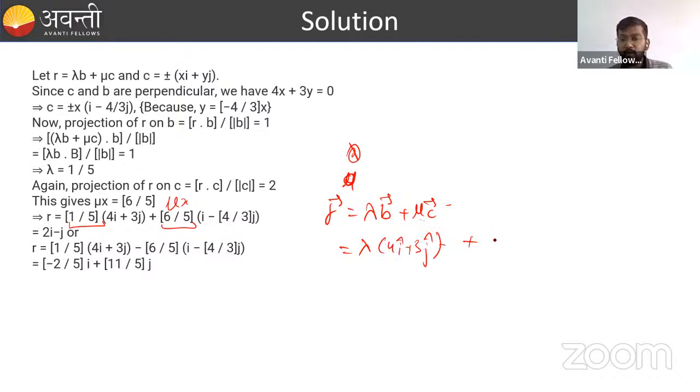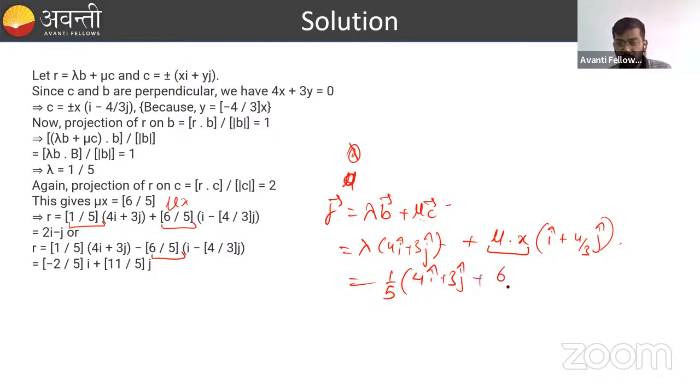Plus here, mu we found out, and c was given to us x times of i cap minus 4 by 3 i cap plus 4 by 3 j cap, right? So we know the value of mu x. See, it is 6 by 5. So we will substitute this 6 by 5. Here we will substitute 1 by 5. This will come out to be this. Here it will be 6 by 5 i cap plus 4 by 3 j cap. Okay. So this is how we found out lambda and mu.